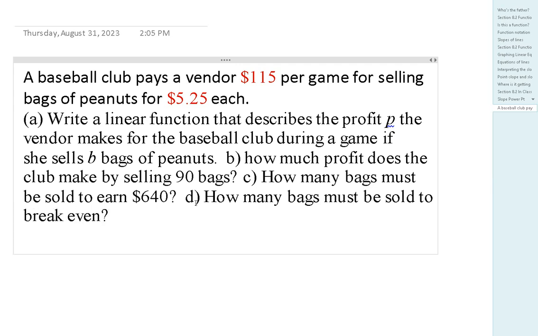All right, so a lot going on with this one. But let's start out by writing an equation, and instead of a y, we're gonna use a p, and instead of an x, we're gonna use a b. So, just a little bit of a change there. But can we write an equation that represents what's going on here? Ian? Y equals 5.25x plus 100. We gotta be careful.